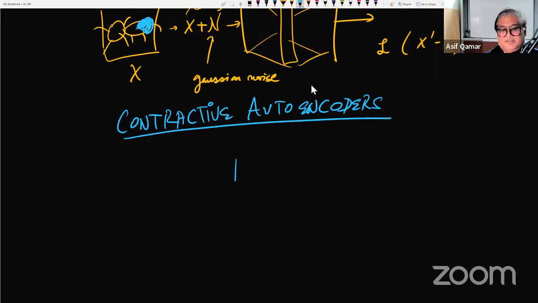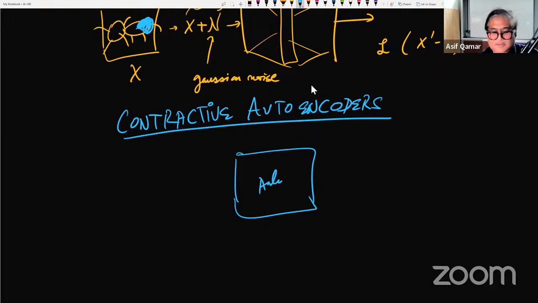So I'll just write this box, whatever it is. This is your autoencoder. I give the input X, and then I give X prime, and I ask for one thing.